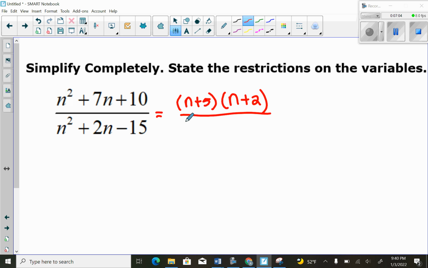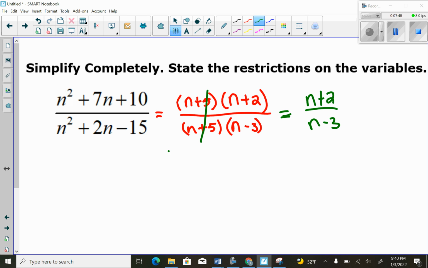That's where I'm getting these factors from. n plus 5 and n minus 3. So the n plus 5s will cancel. We're left with n plus 2 over n minus 3. And those won't simplify because they're not the same binomials.